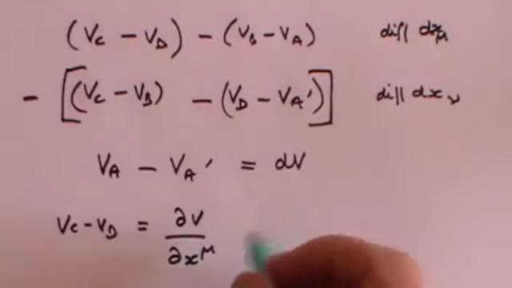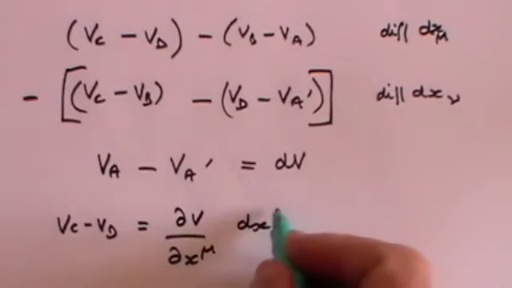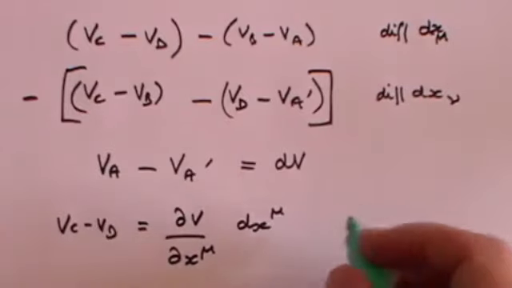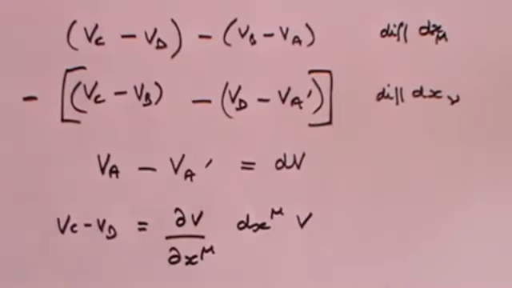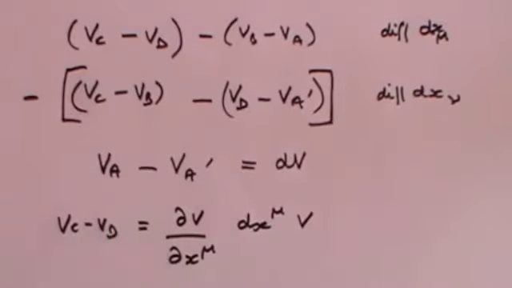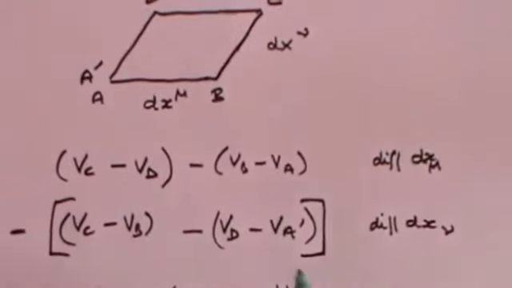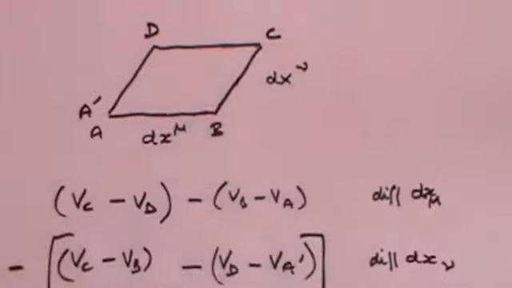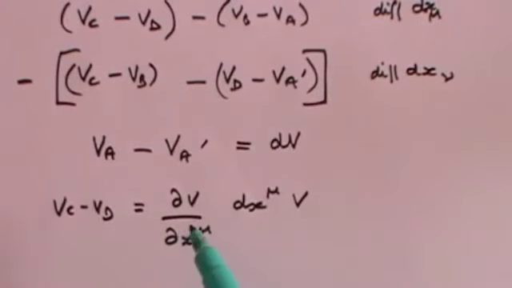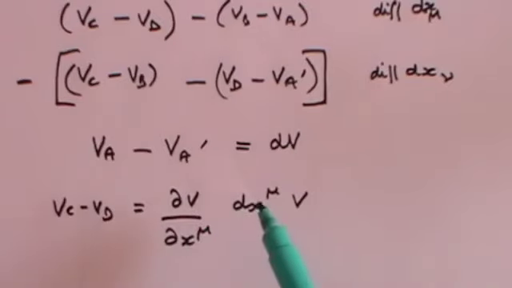That's the gradient, multiplied by the distance you travel, which of course is dx mu, multiplied of course by the vector itself. So what we're saying is that the change in the vector between c and d is the gradient. Remember, we did this right at the beginning with our field. The gradient multiplied by the distance times, of course, the value of the vector.